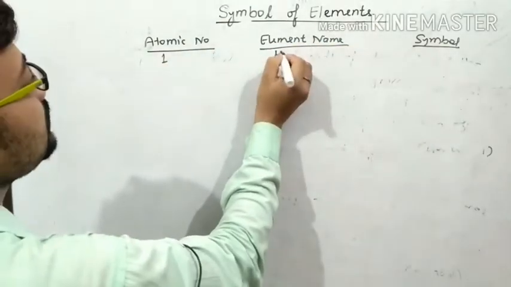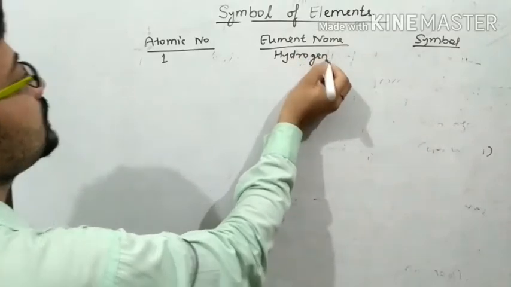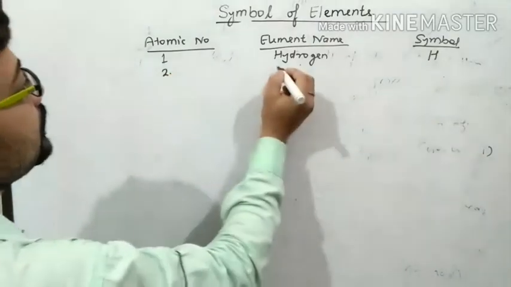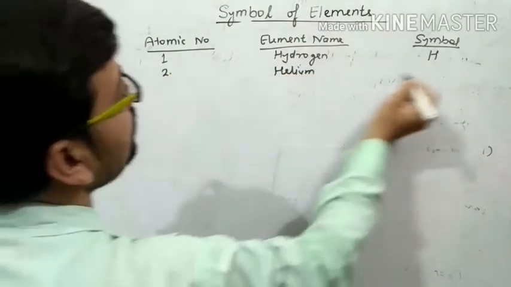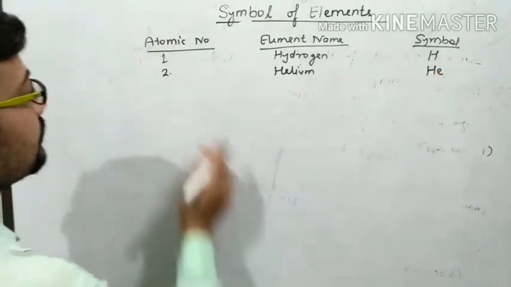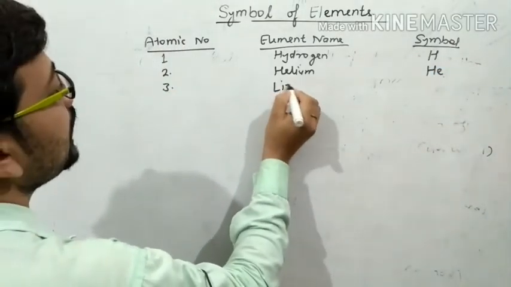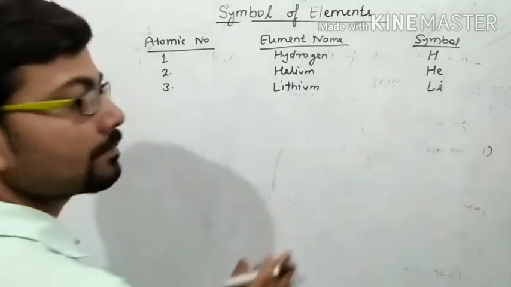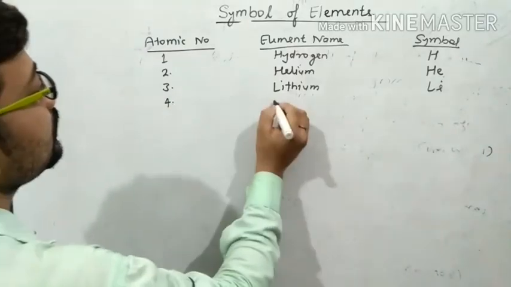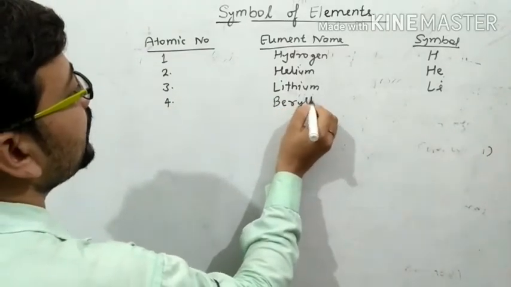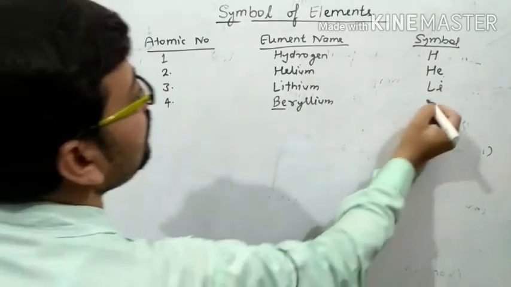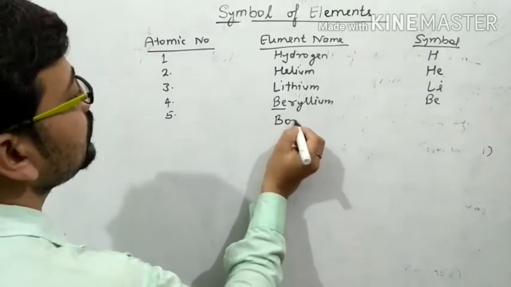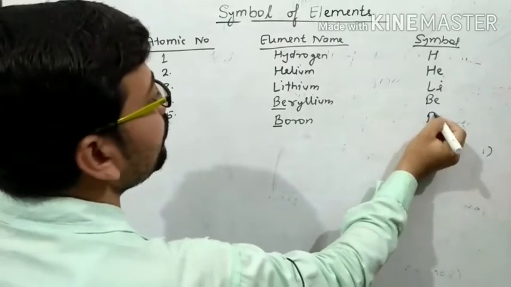Atomic number 1, that is hydrogen. What is the symbol of hydrogen? H. Atomic number 2, that is helium. What is He? Atomic number 3, that is lithium, symbol Li. 4, that is beryllium, symbol Be. 5, that is boron, symbol B.